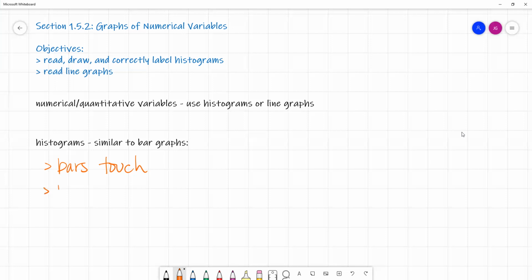The categories on the horizontal axis. Okay, so if you remember from a bar graph, we had categories like, if it was different colors, they'd be red, blue, green, etc., right? So categories on the horizontal axis. Sorry, that's a Z, I promise.